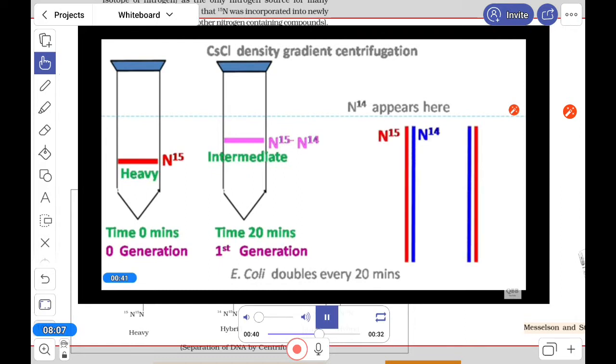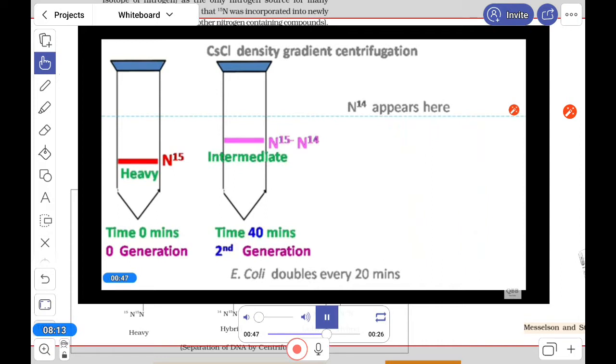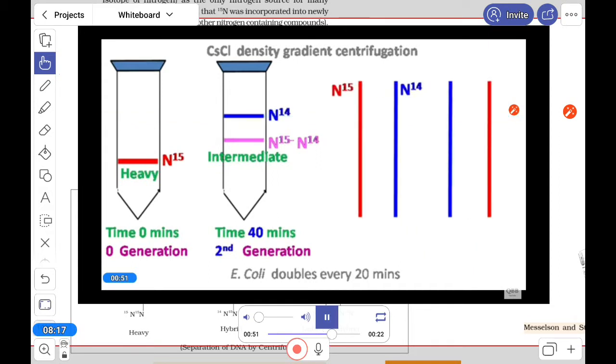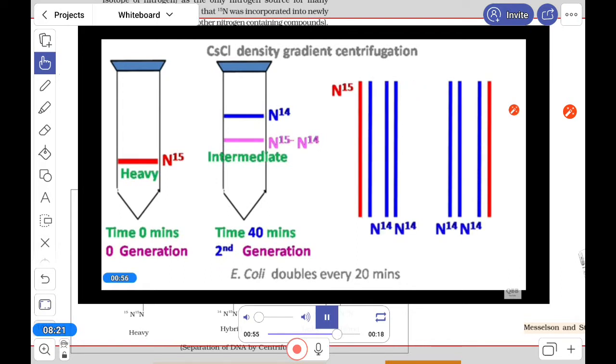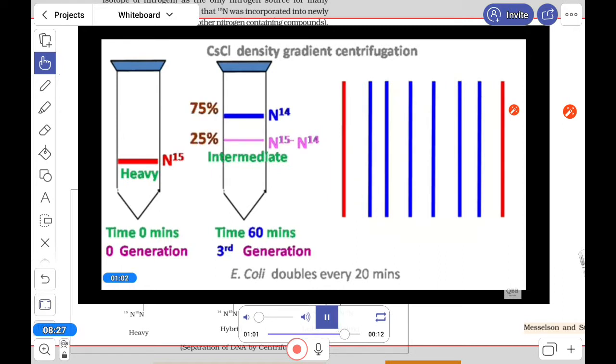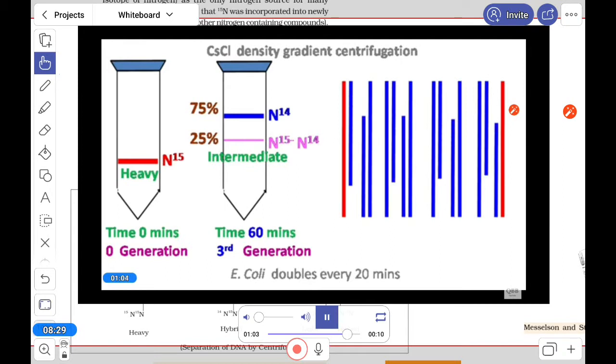It indicates that both 15 and 14 strands are there, because now we are in 14. The next layers show the 14 layer increasing, now it is 50%. If we keep it for 60 minutes, this layer will increase.